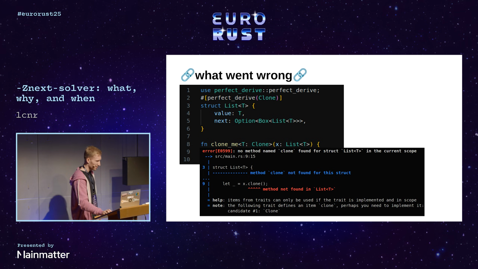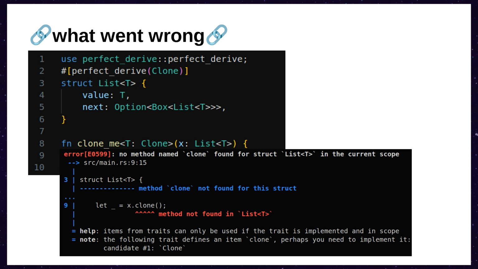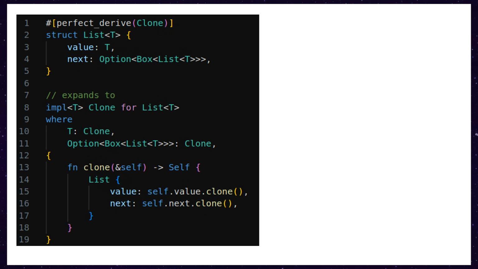Okay, so with this knowledge, let's look back at the list example and what went wrong. If we expand the perfect derive again, we see that it requires T to be Clone, and also the Option<Box<List<T>>> also has to be Clone. So let's look at what happens when proving that List<T> is Clone.